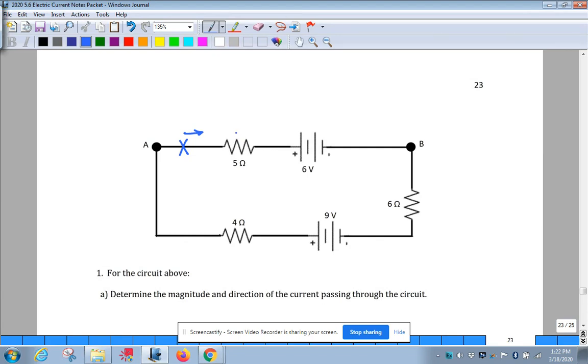So remember the rules. We have a resistor, so that's going to be a negative V. Okay, we're going from positive to negative, so that's another negative V. Here's another resistor, so that's going to be a negative V. We're following the current around. Now we're going from negative to positive on a battery, so that's a positive V. And then we have another resistor, so that's going to be a negative V.